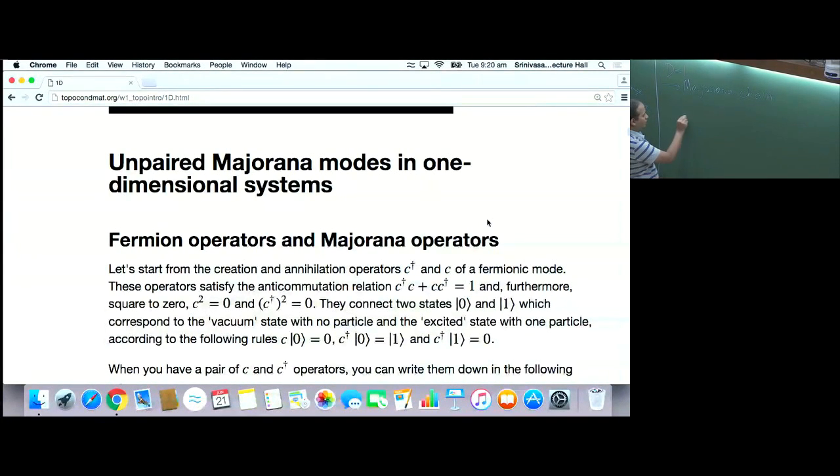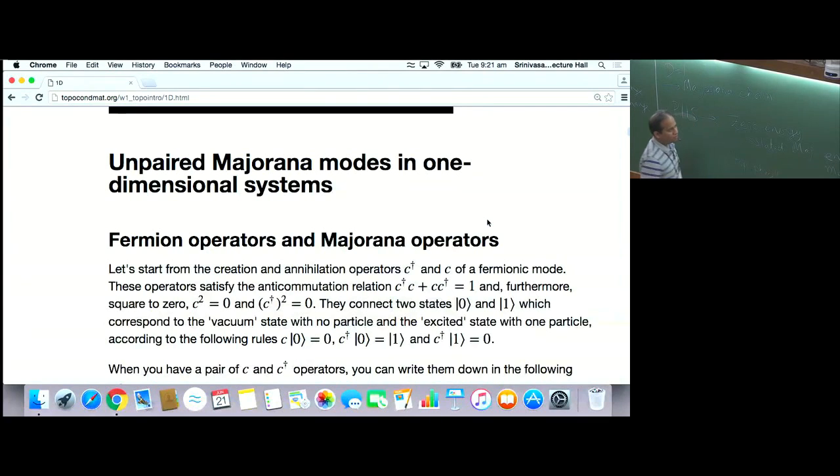One was that this had particle hole symmetry, and there was a zero energy, isolated Majorana end mode in a so-called topological phase.